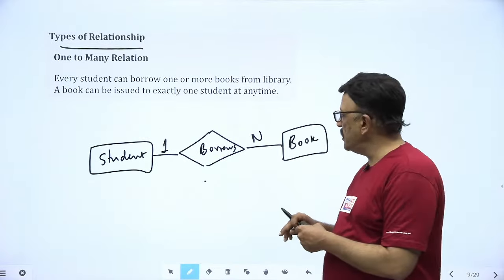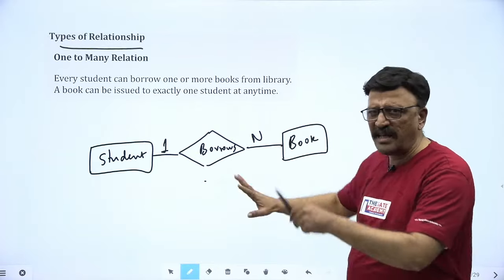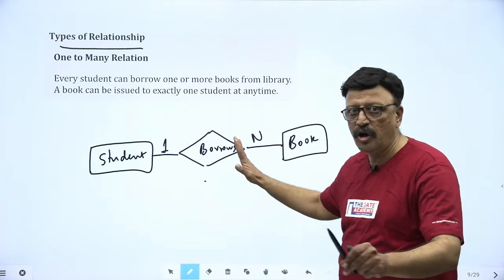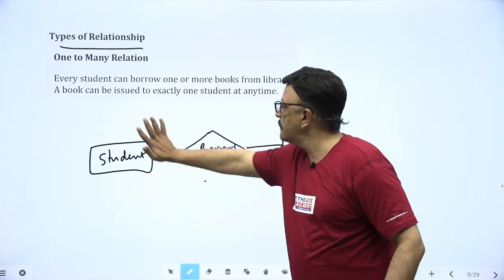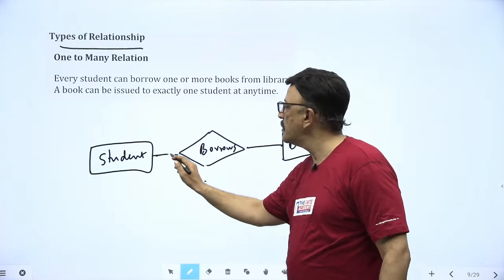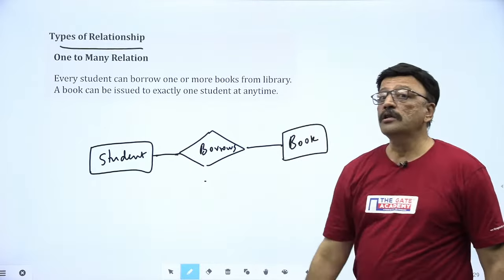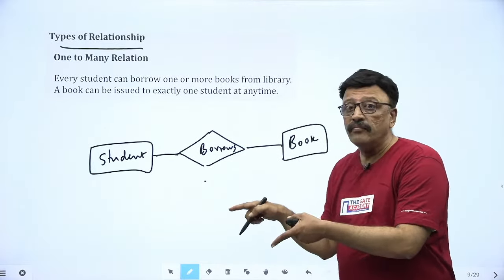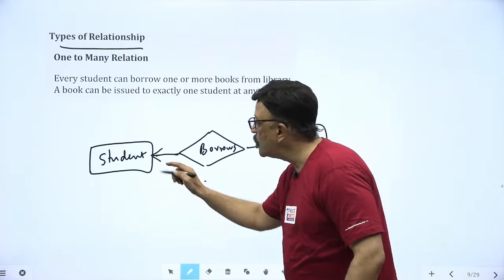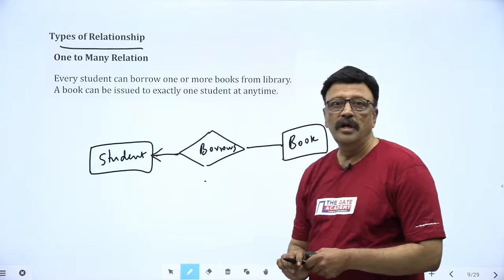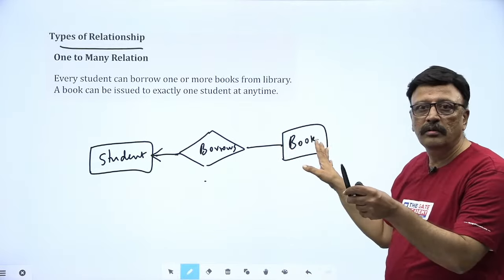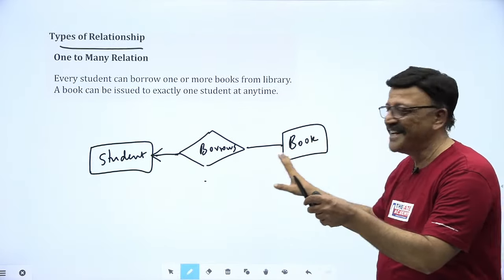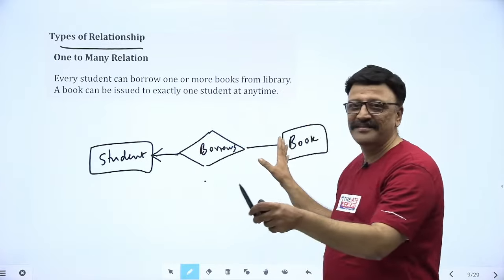Another way of showing the same thing, without changing the numbers, is something like this. Whatever is the one side, they draw an arrow towards the entity. And whatever is the N side, they don't draw any arrow. And they don't write any numbers.